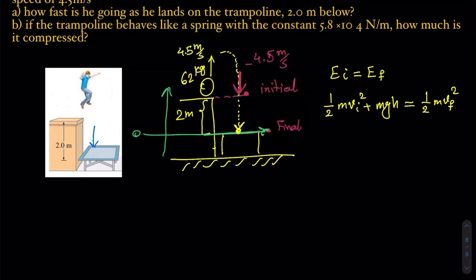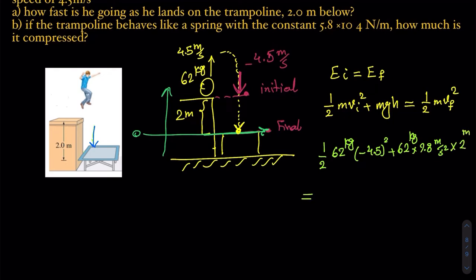So it will be a half of 62 kilograms times the velocity here, which is negative because the direction is downward, to the power of 2, plus 62 kilograms times 9.8 meters per second squared, which is acceleration due to gravity, and then the height is 2 meters.